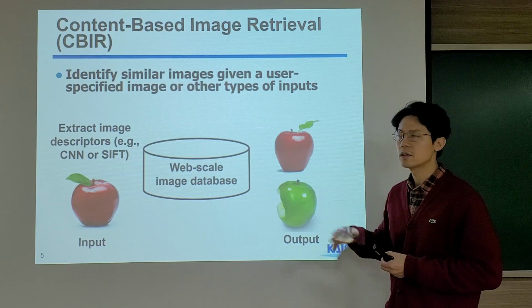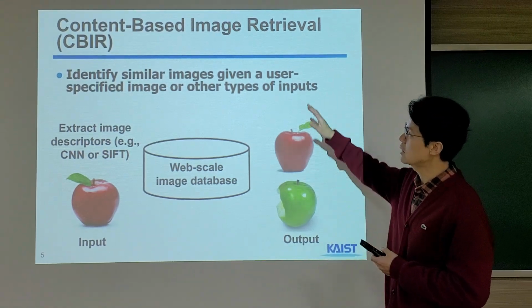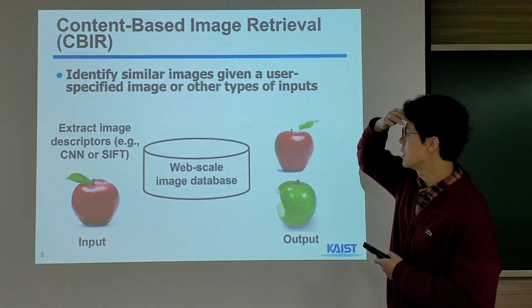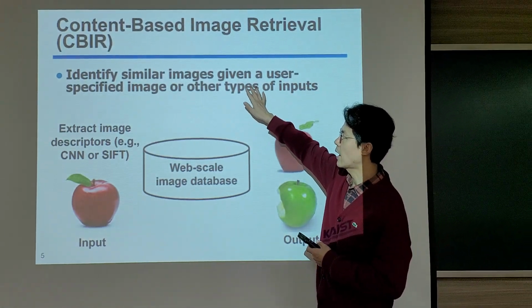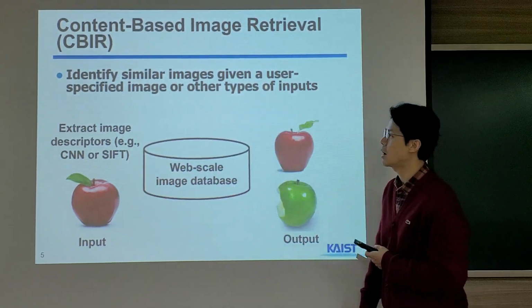Now let's talk about some of the materials on image search. Again, image search is nothing but content-based image search. This is identifying similar images given a user-specified image or other types of input.